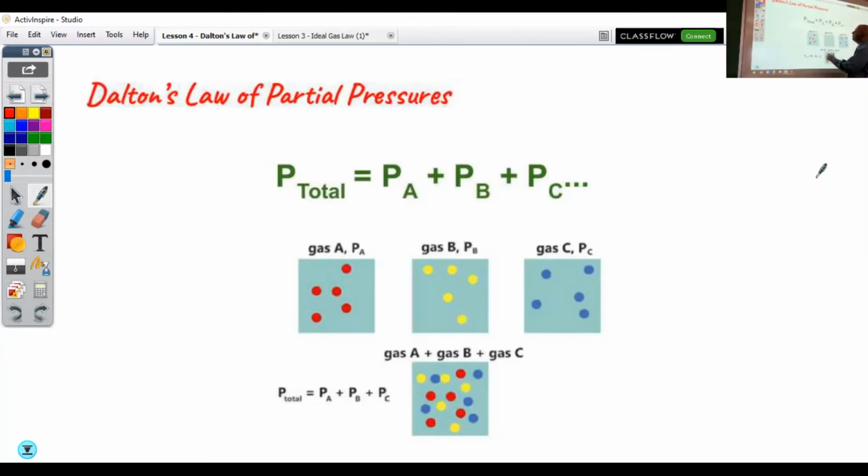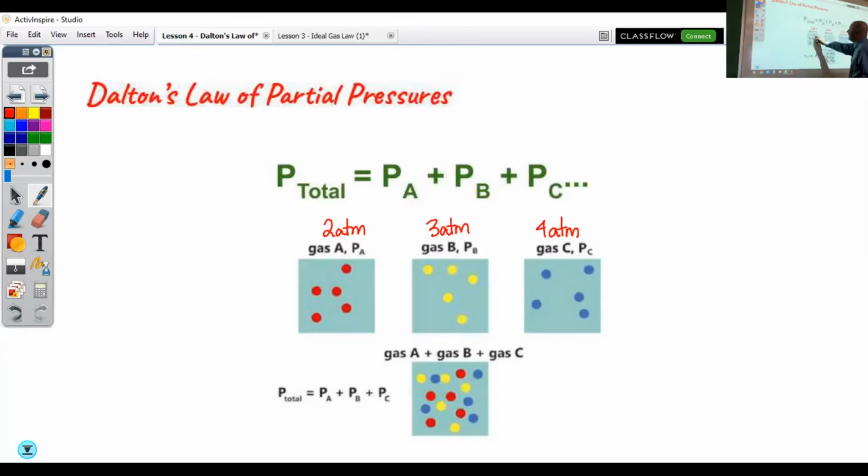So imagine you have 3 different gases, gas A, gas B, and gas C. And let's say they have partial pressures of 2 atm, 3 atm, and 4 atm. If I were to take these 3 different gases and combine them into a single container, all mixed together at the same time, their total pressure would be equal to the sum of their partial pressures.